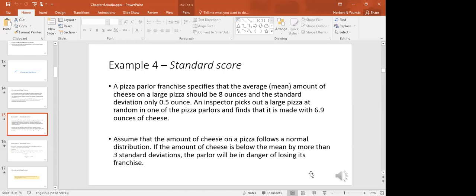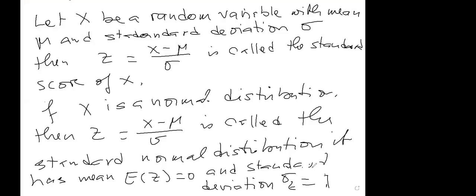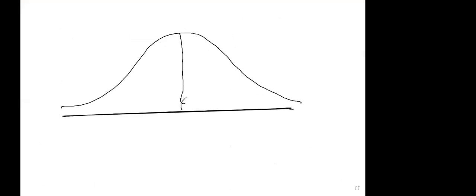So we can use either the empirical rule or the z-score to answer this question. Using the empirical rule, this is 8, 7.5, sorry, 8.5, 9.